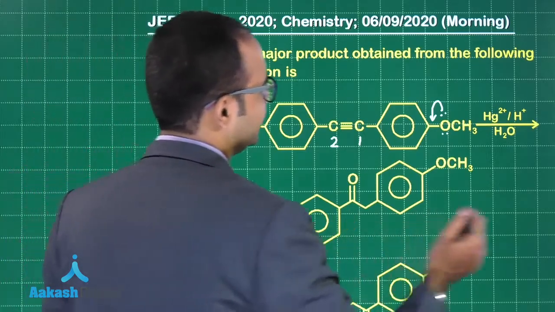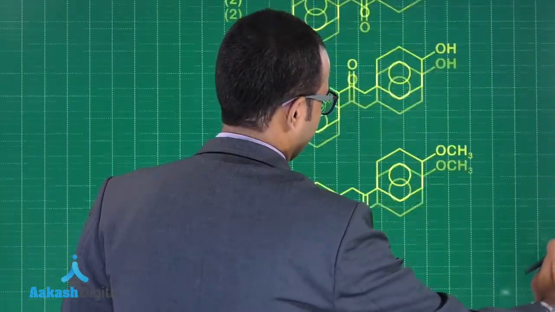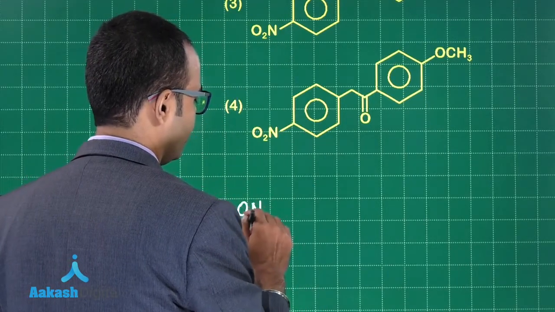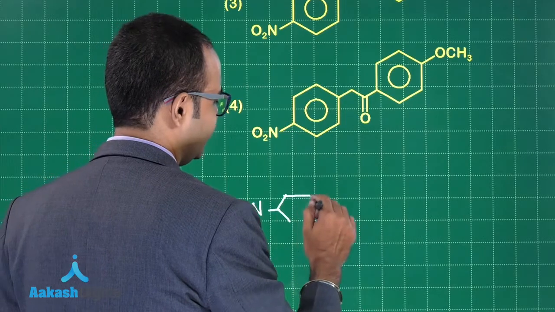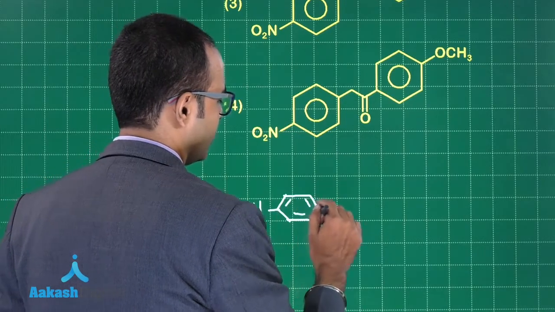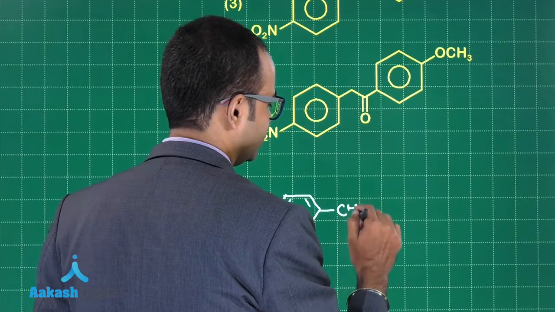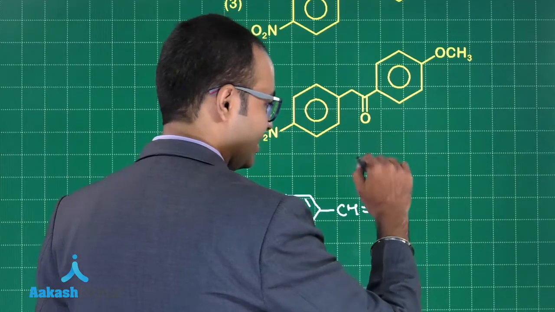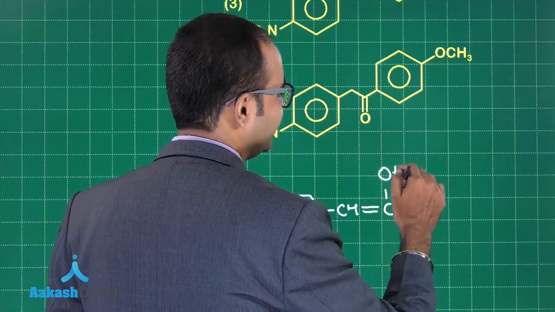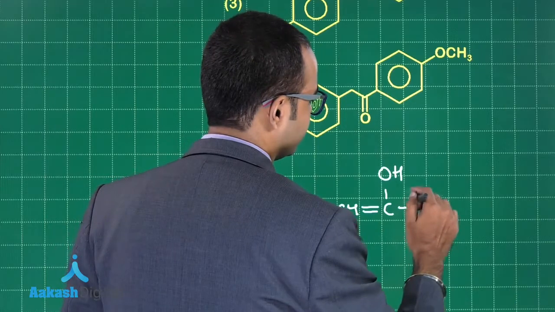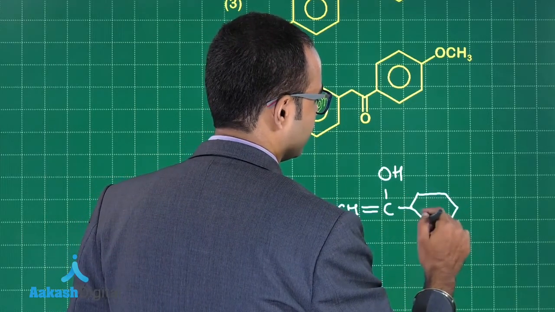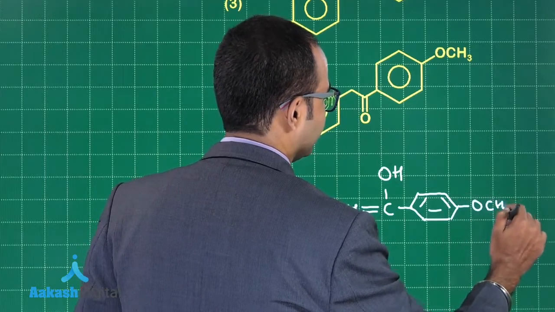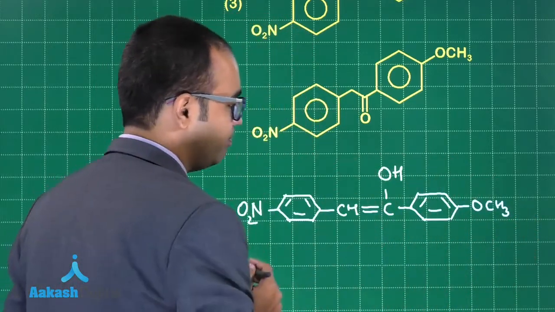Okay, so let us look at the structure, guys. So what we'll have, NO2 attached to the benzene ring, followed by CH double bond C, and here H2O will attack, and then you will remove a H plus, so we'll get an OH, and we'll get an OCH3. The thing with this compound is what?